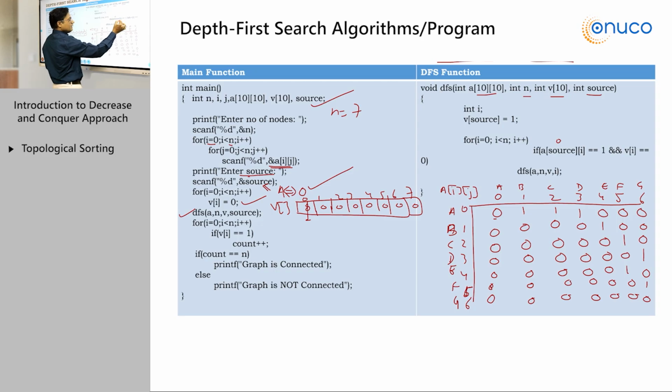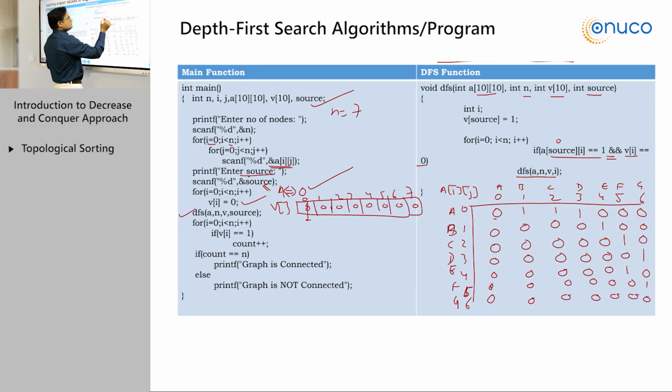Hence this condition failed, so we are going and increasing the value of I. Because if this condition A of source I is equal to 1 and visited of I is equal to 0, that is, if that particular node is not visited, in that case we are going to perform this task. Both the conditions must be true because it is an AND operator. Left side and right side, both must be true. Then only we are going to call this function, the function calling itself.